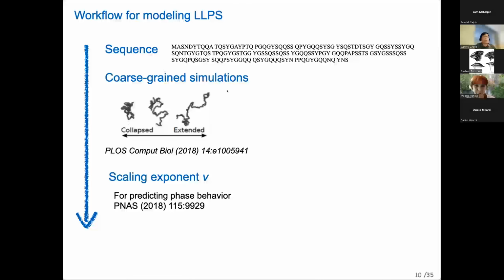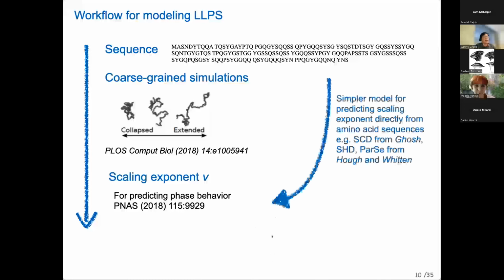We can just run a single-chain simulation, get the scaling exponent, and predict using the correlation between the theta solvent temperature and the critical temperature. I'm not saying that every time the correlation works for a specific system, but usually it works fine if there are no specific interactions. And we can also use very simple models to directly jump into that framework.